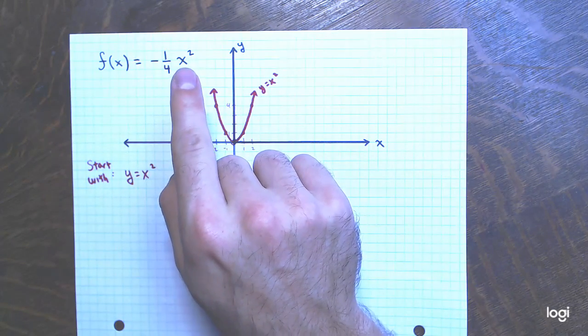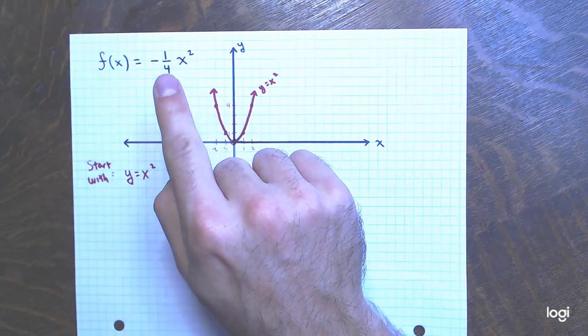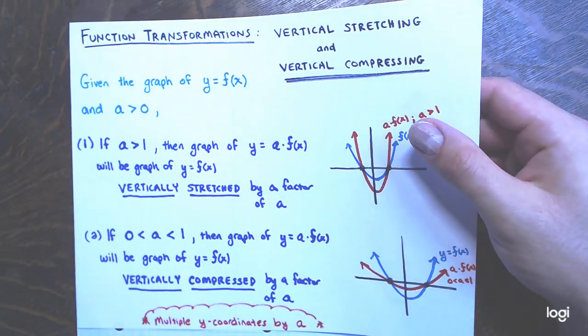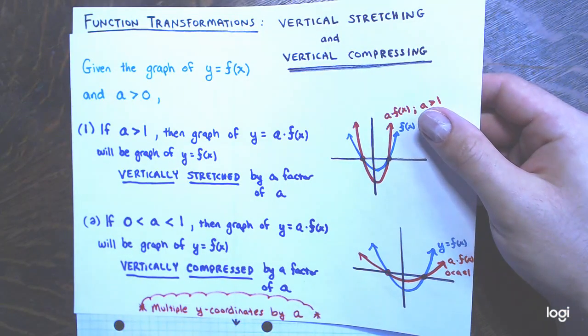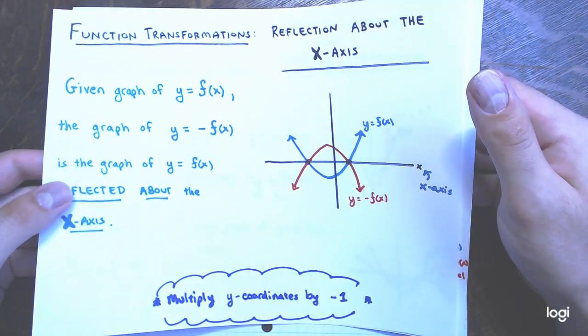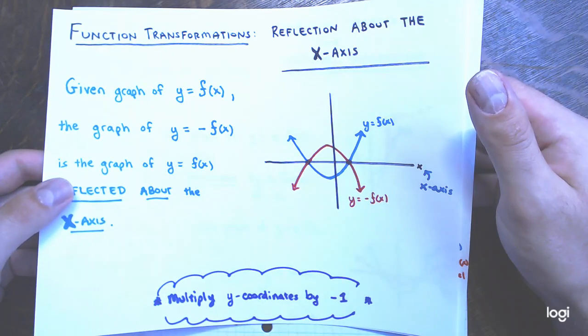I keep the rule the way it is, x squared, and multiply it by a negative. Well, I mentioned before, to see what transformations occur, first you multiply by the positive number, causing a vertical stretch or compression, and then you simply multiply by -1 to make it negative, and that would cause a reflection about the x-axis.